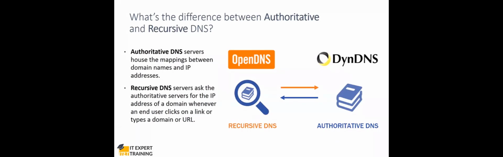DNS was created so that you don't have to memorize the IP address for every website you want to visit. In DNS, there are two components: one is authoritative DNS servers, and another is recursive DNS servers.